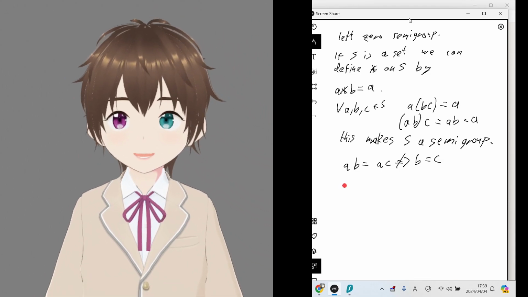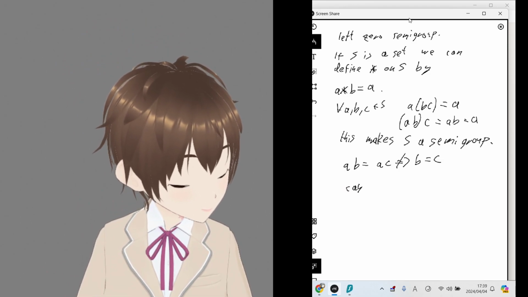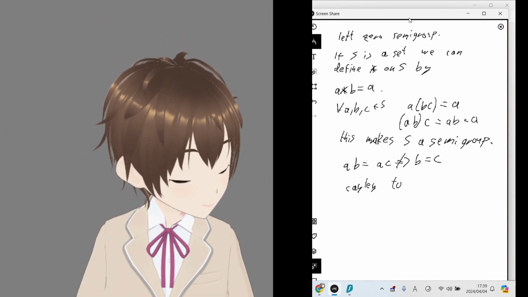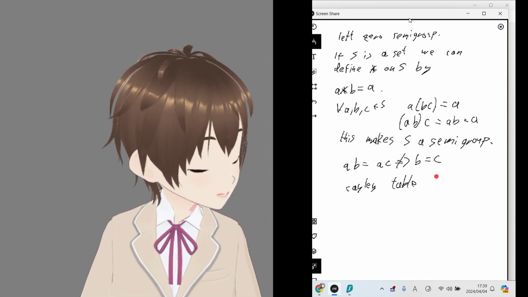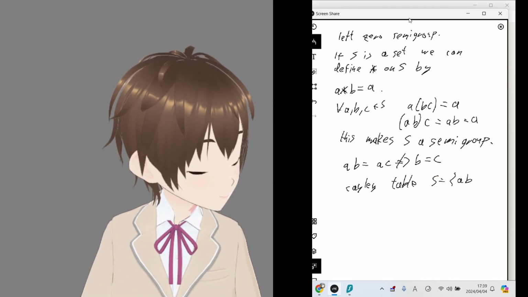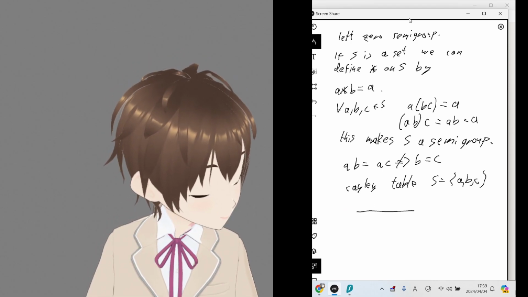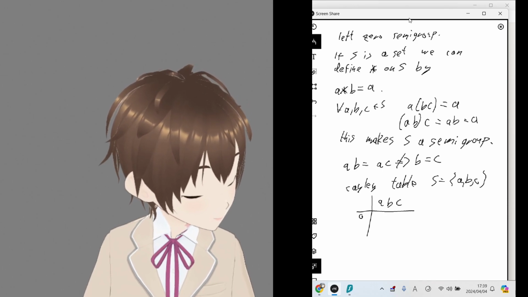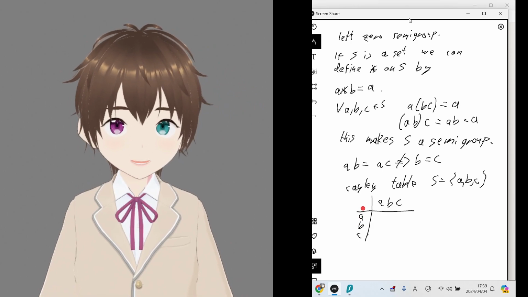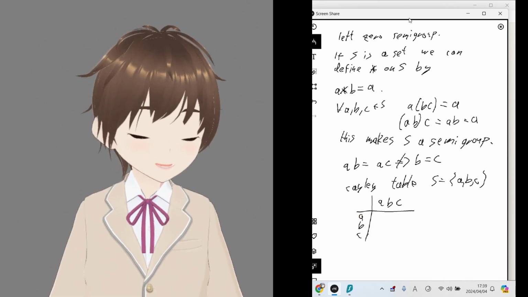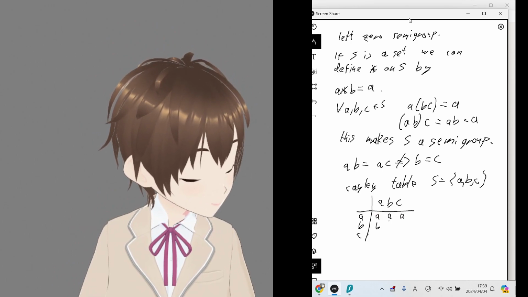If we look at the Cayley table of this, semigroups also have Cayley tables like groups. Take S to be a set with 3 elements, A, B, C. If I take this element to be the left element, it's always the left element, so each of these rows is constant.